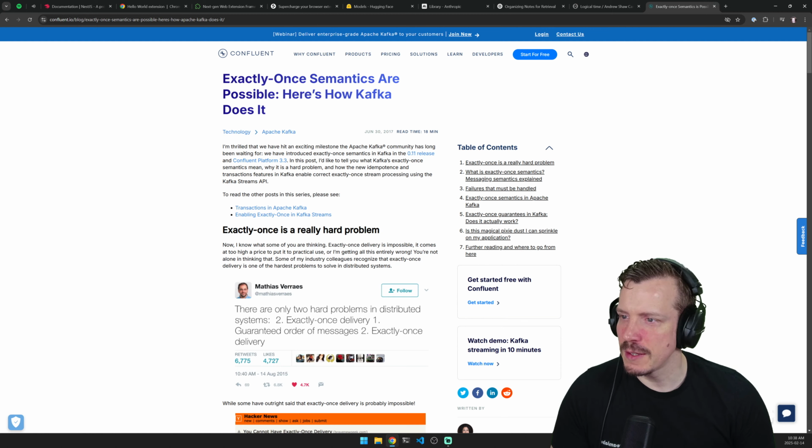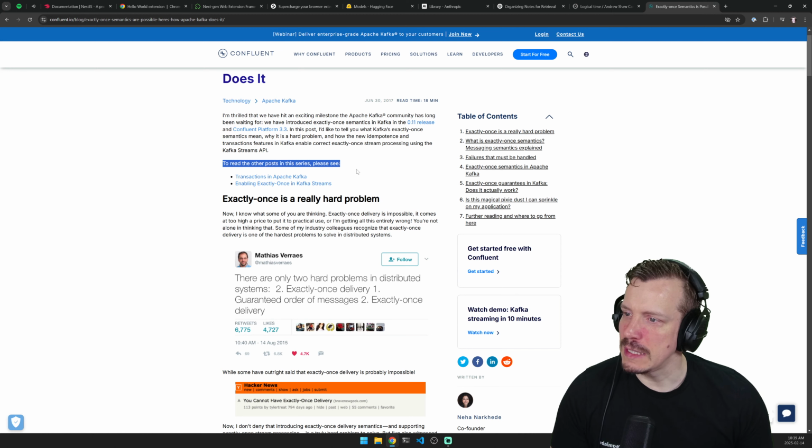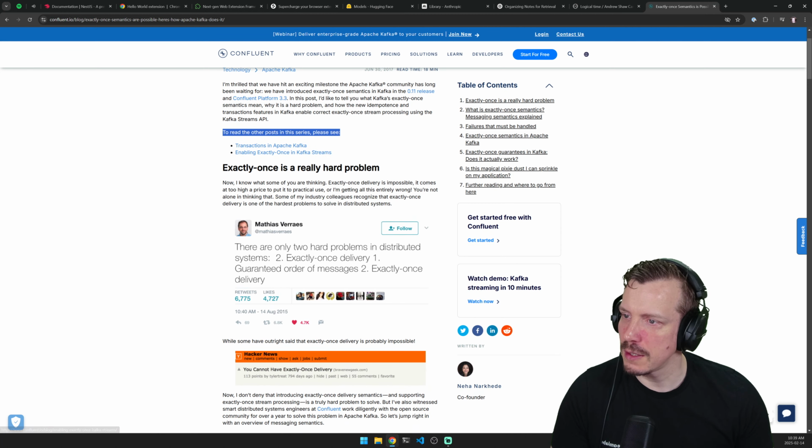We've introduced exactly once semantics in Kafka in the 0.11 release in Confluent Platform 3.3. In this post, I'd like to tell you what Kafka's exactly once semantics mean, why it is a hard problem, and how the new idempotence and transactions feature in Kafka enable correct exactly once stream processing using the Kafka Streams API.